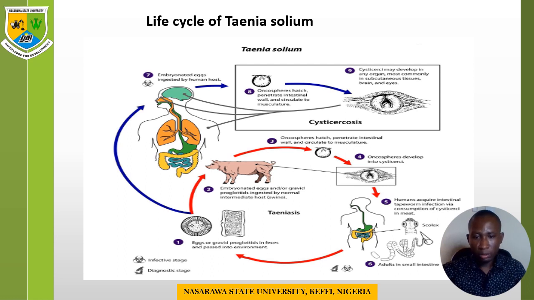We can also look at the adult stage in the small intestine, and this blue arrow indicates the direction of the organism, that is the egg of the organism, as it is taken in by the human.